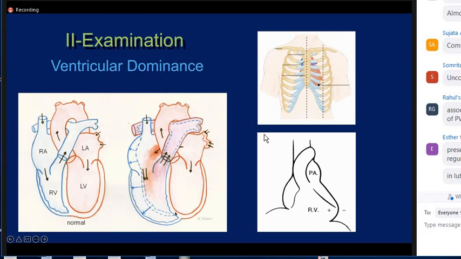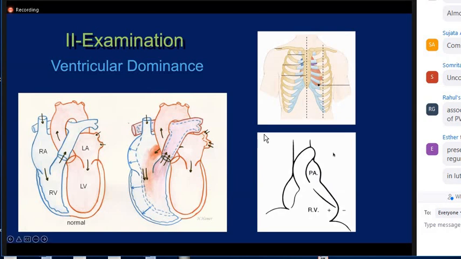When the right ventricle is dilated quite significantly, in the presence of normal right ventricular pressure and normal pulmonary artery pressure, your right ventricular outflow tracts are dilated, so you will have parasternal pulsations. If they develop pulmonary hypertension, then you will have a parasternal heave.